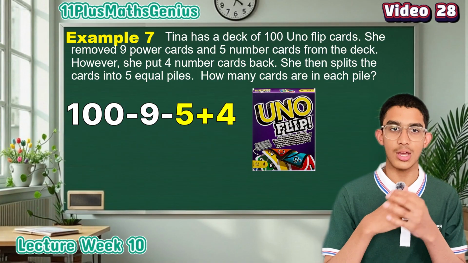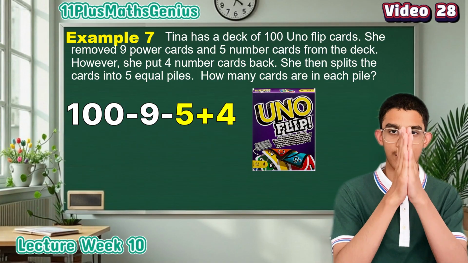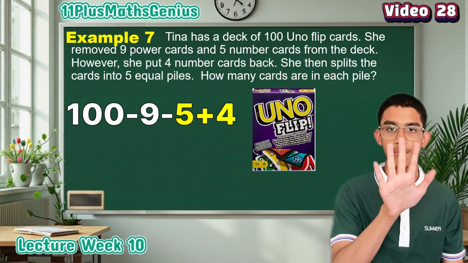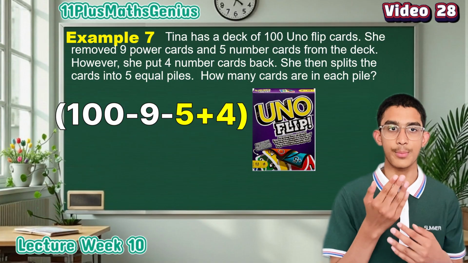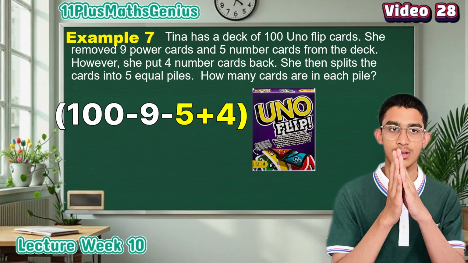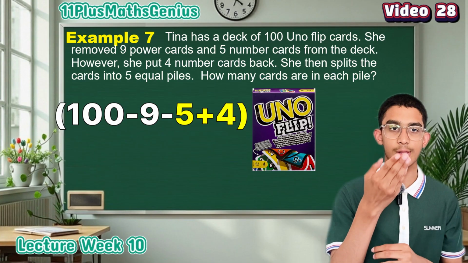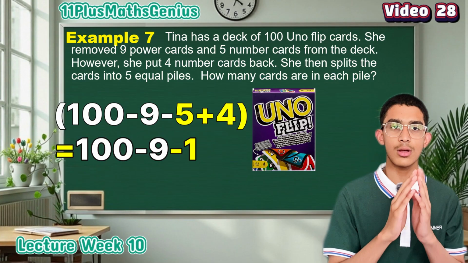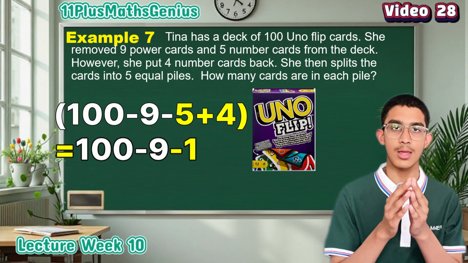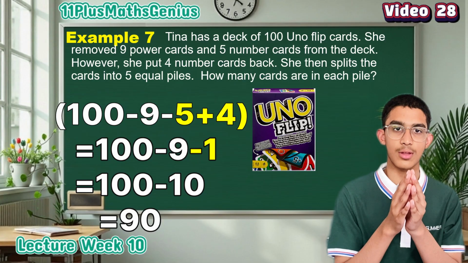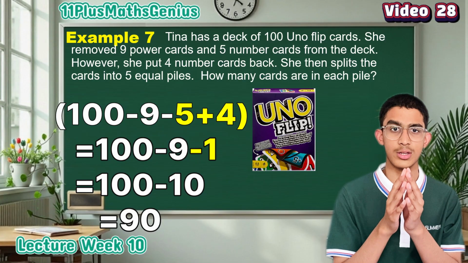Let's work out how many cards remain before she divides them into 5 piles. So, brackets open, 100 minus 9 minus 5 plus 4, brackets closed. Or 100 minus 9 minus 1. Or 100 minus 10. Or 90.